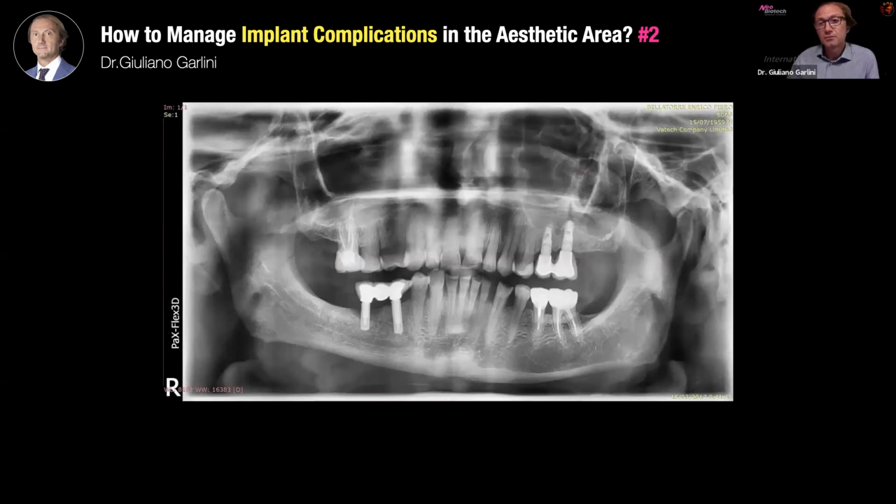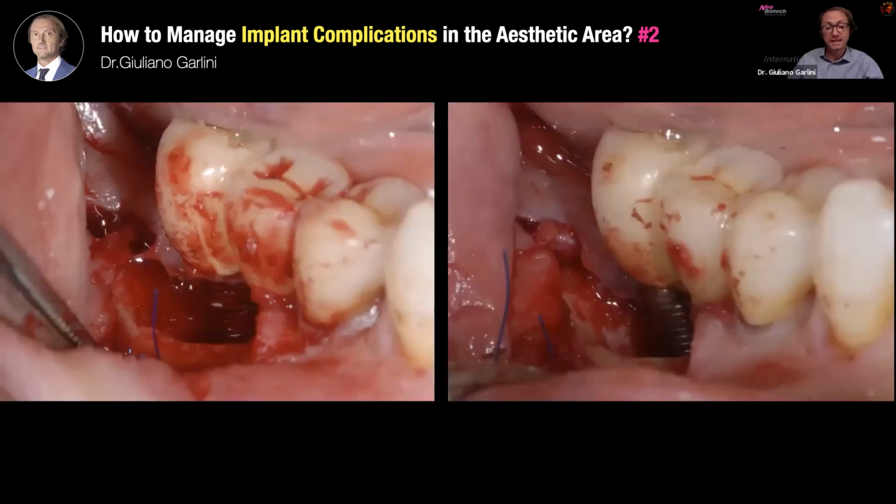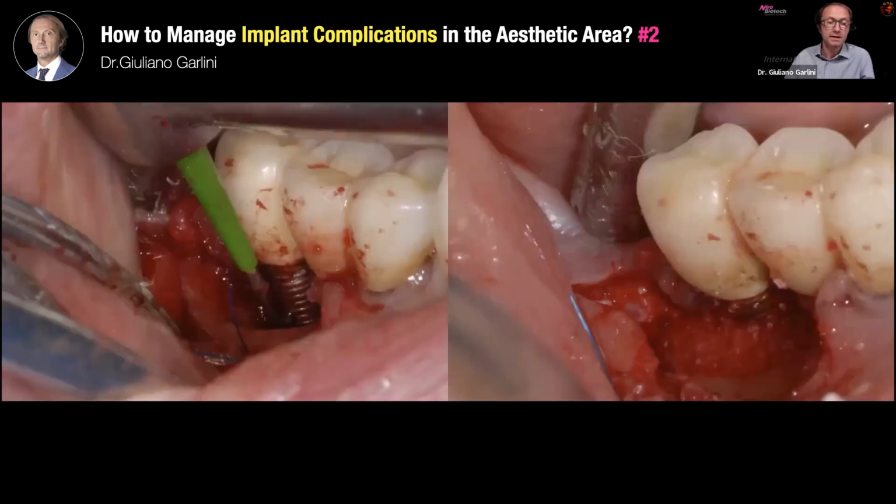So let me give you an example with a clinical case. Here in the lower right jaw, we have a periimplantitis in the last implant. And this is a very complex area to treat for this kind of surgery, because we are in the deepest part of the mouth, and because sometimes, as in the case that you can see here, the patient did not allow us to remove the bridge, because he was aware that the bridge can break when we remove it.